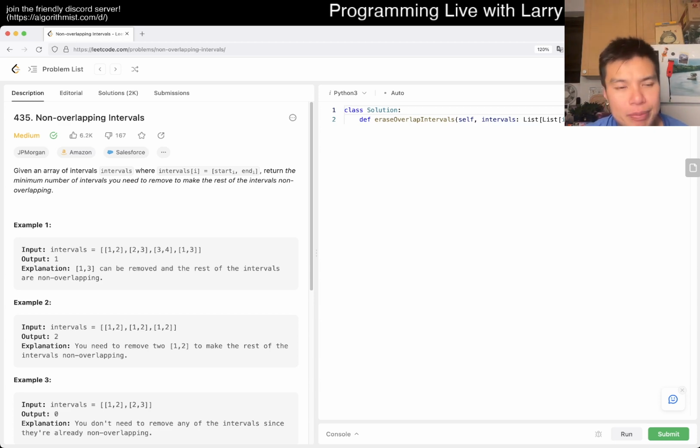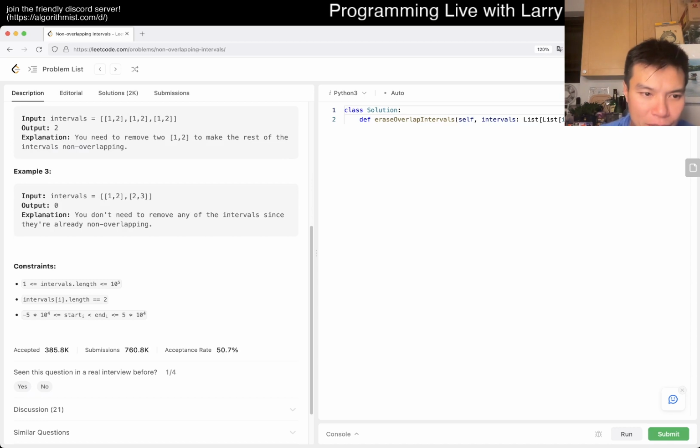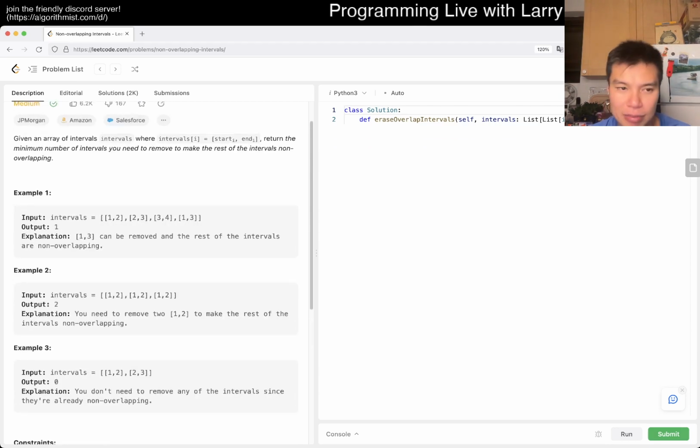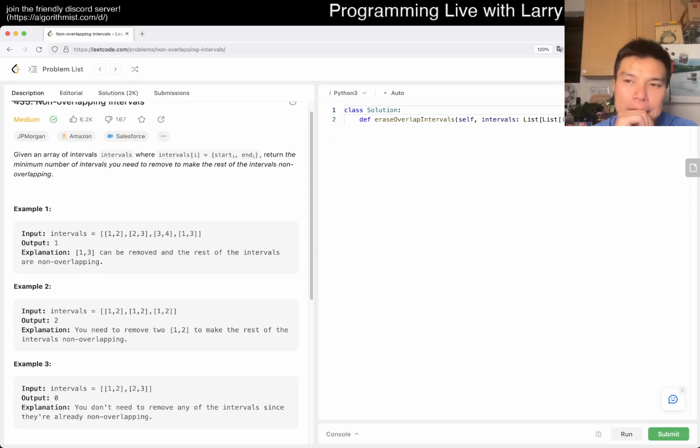So we have to be pretty fast, right? The first thing that I may think about is, given any regular interval, we want to figure out if there's some sort of structure that we can impose on it, and of course that just begins with sorting, right? And once we finish sorting, what does that mean?